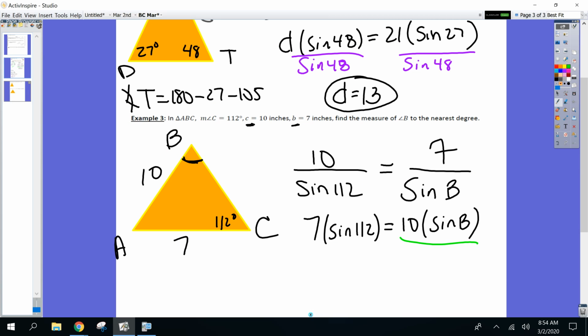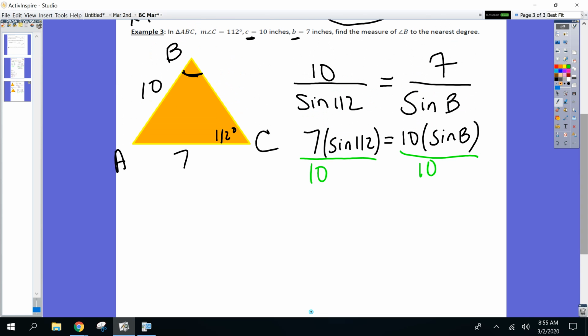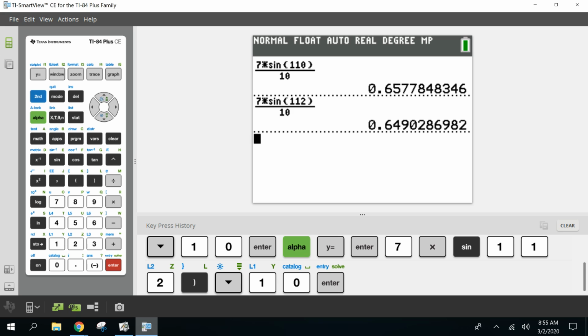Okay, everyone, go ahead, divide by 10. And then everyone goes to their calculator. I'll do the same with you. I'm getting 0.6490, just like you guys.